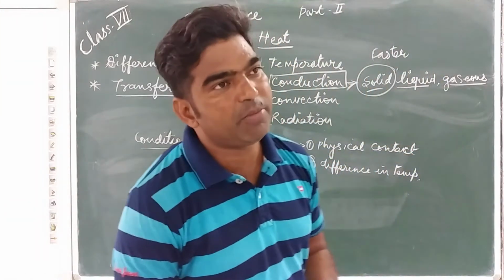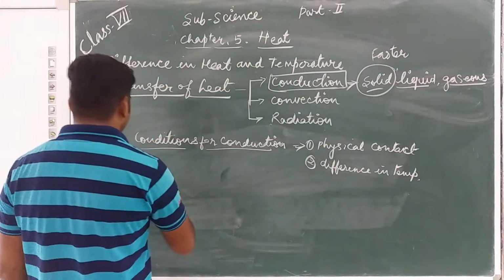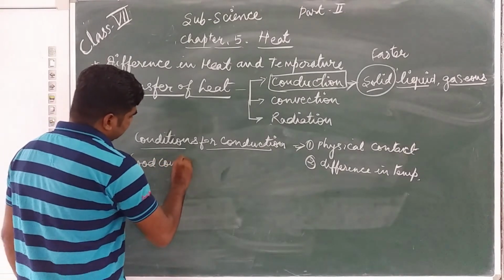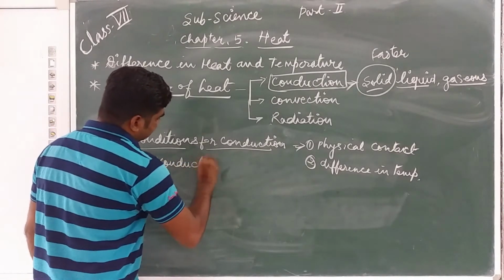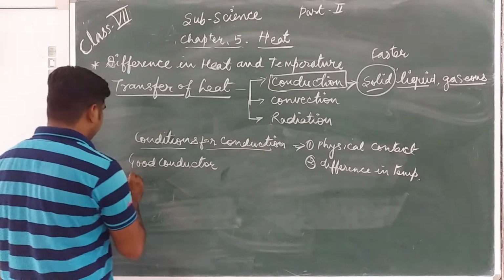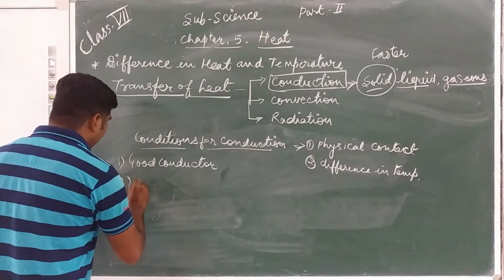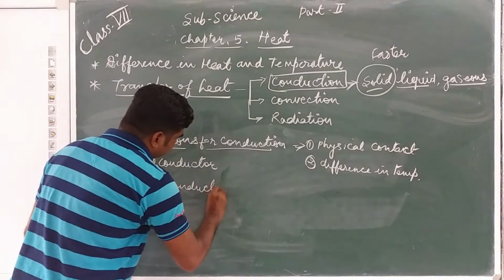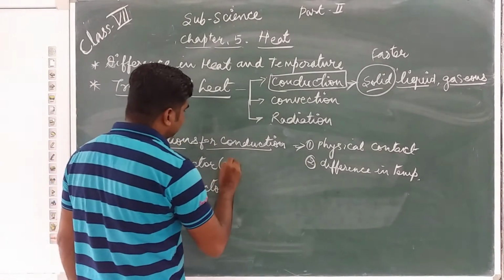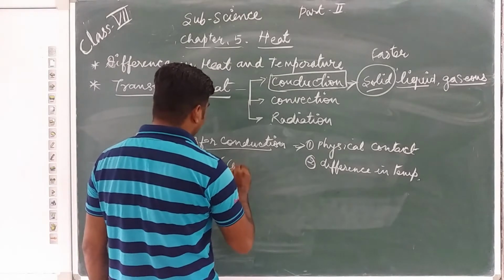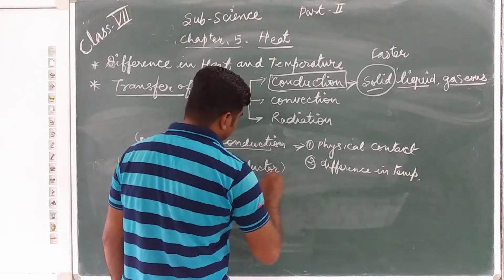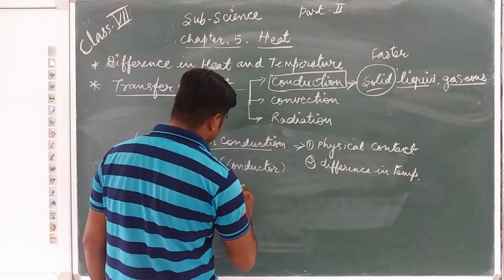Now, one more important concept of that is good conductor and bad conductor. A good conductor, we can say, is simply a conductor, and a bad conductor is known as an insulator.